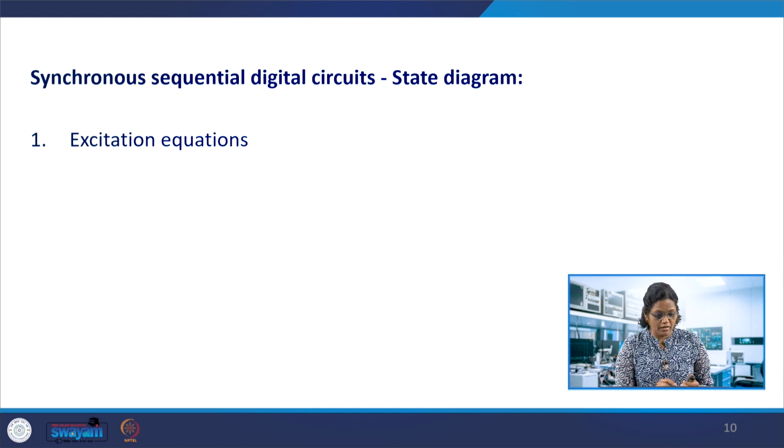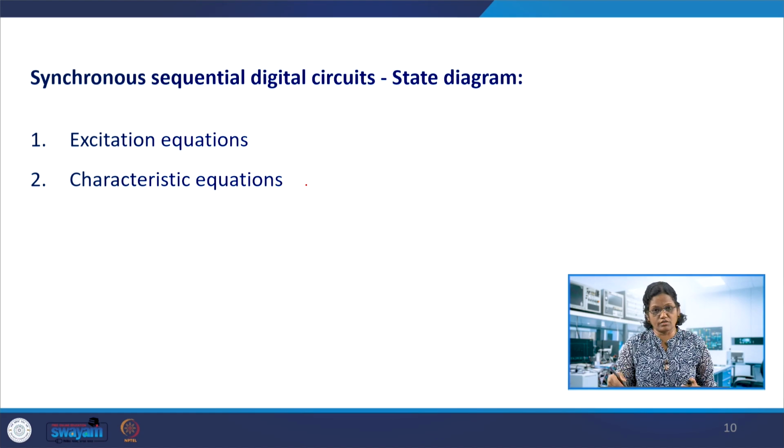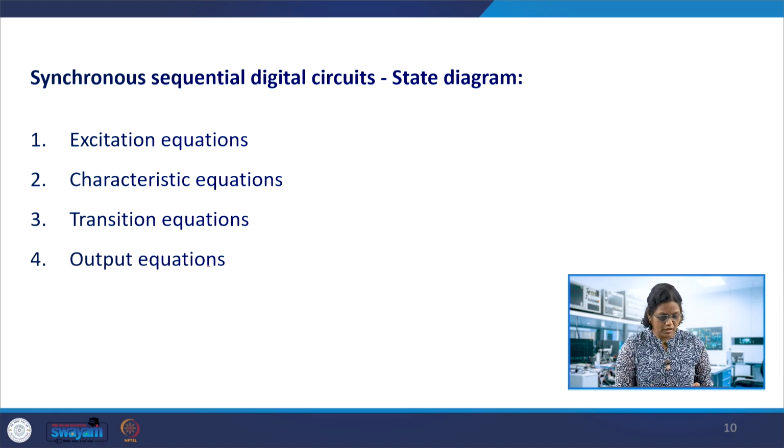Then identify the state equation, the excitation equations, and then get the characteristic equation of the flip-flop, then the transition equation for the current state, deriving it with all these excitation equations and the characteristic equation, and get the output equations. The output equation can be of two types.